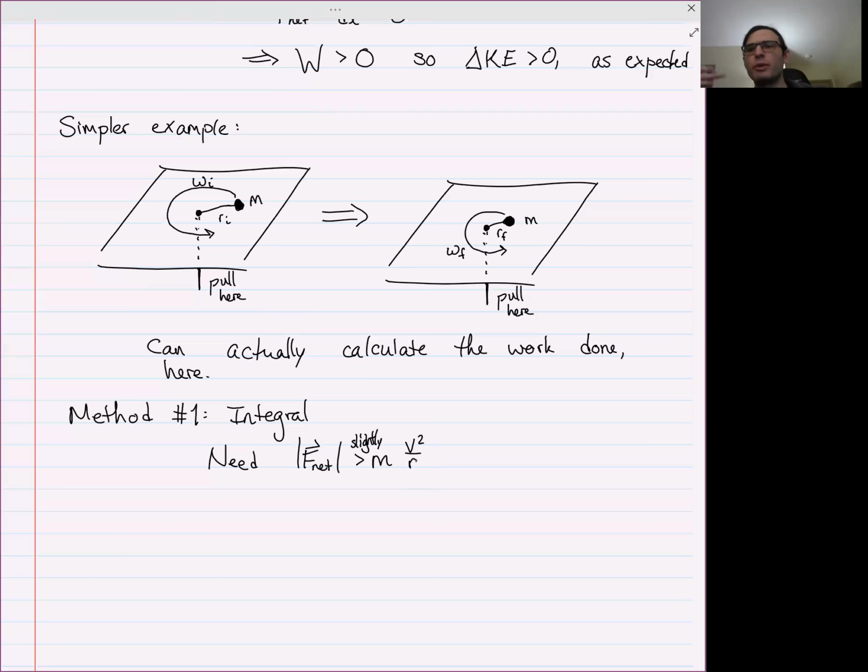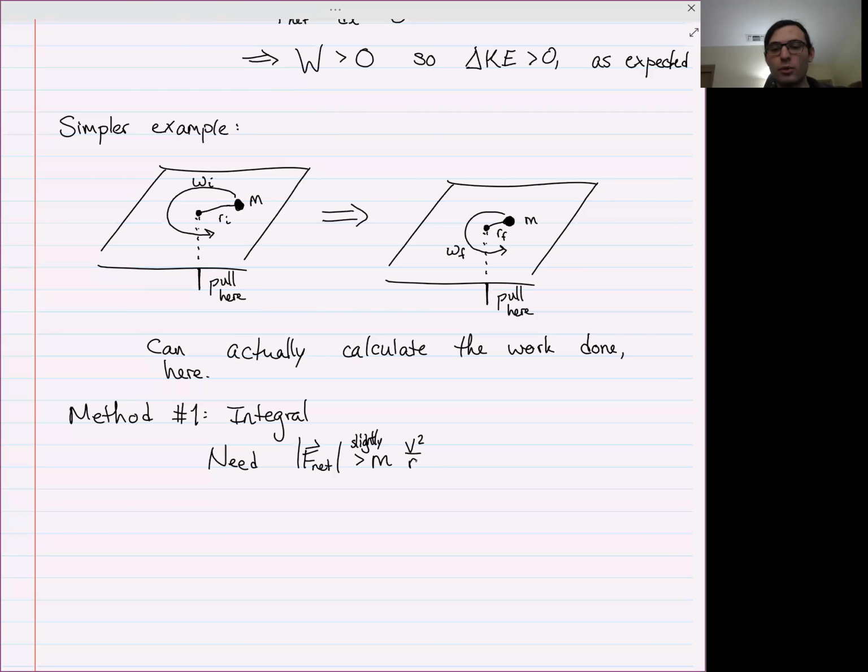And we don't want it to be too much bigger, because if it were, not only would it move in a circle, it would also acquire some radial component to its velocity. Imagine pulling extra hard. Instead of going around in a circle, it would just come towards the center, which we don't want. We want its motion to remain circular, but have decreasing size.